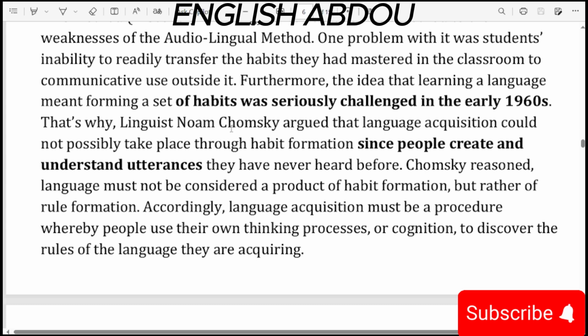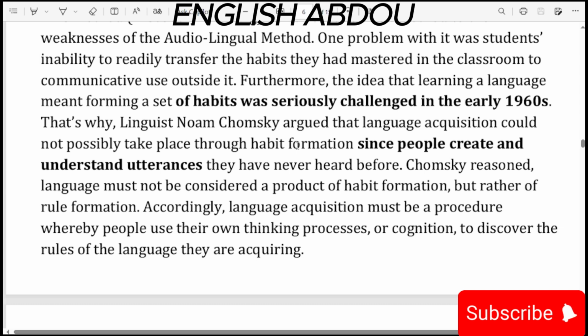A mind has some mechanism, a language acquisition device, which is metaphorical. So we just need to expose the learner to language. By that, we can activate that mechanism of that language, which is grammar. Okay, so language acquisition could not possibly take place through habit formation, since people create and understand utterances they have never heard before. So we cannot learn a language through habit formation.